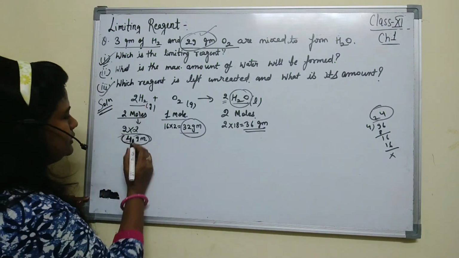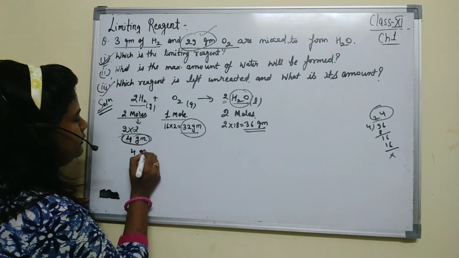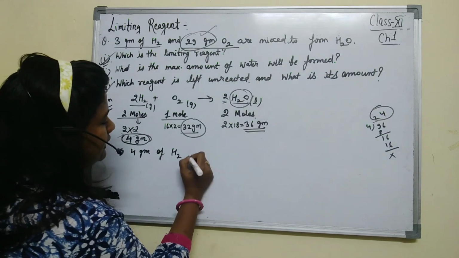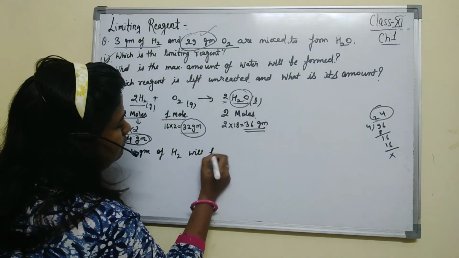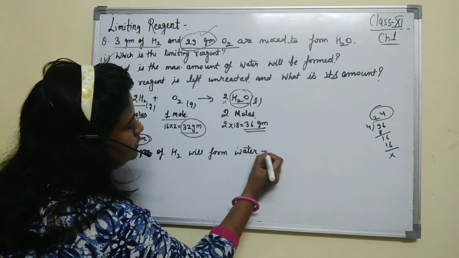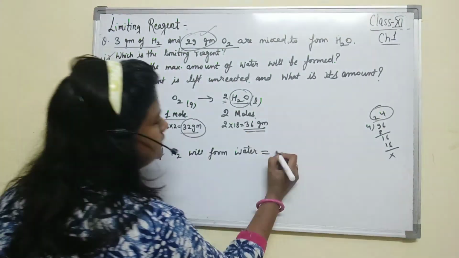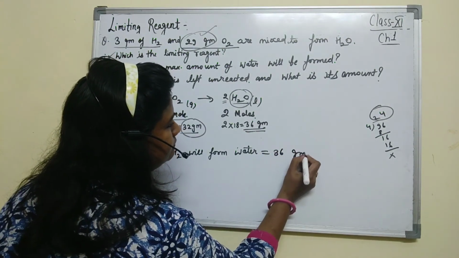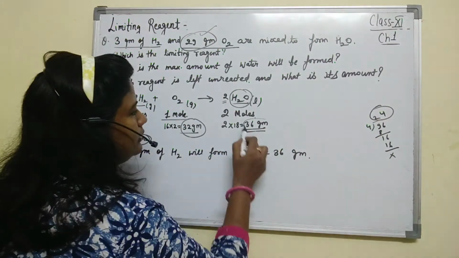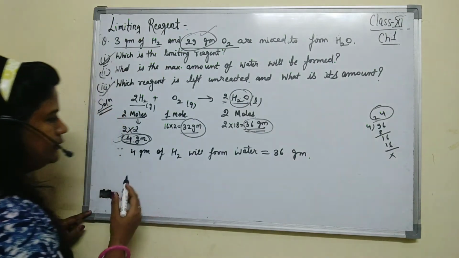Okay, now come to the hydrogen. 4 gram of hydrogen will form water. How much water will be formed? 36 gram. Correct? 4 gram of hydrogen is forming 36 gram of water.